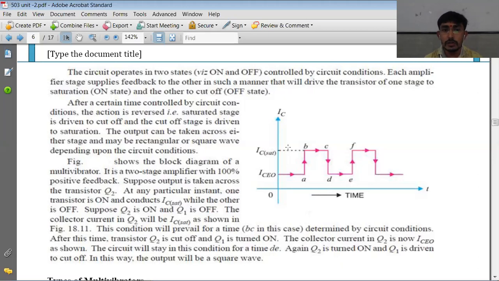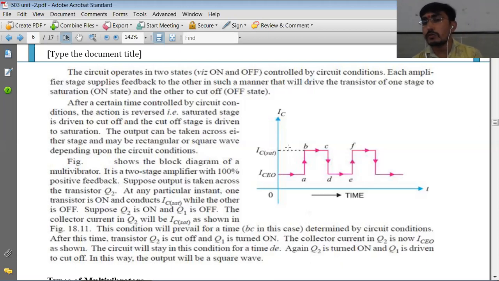And after a certain time interval, that is controlled by the circuit conditions, the action is reversed. It means the saturated stage is driven to cutoff, and the cutoff stage is driven to saturation.